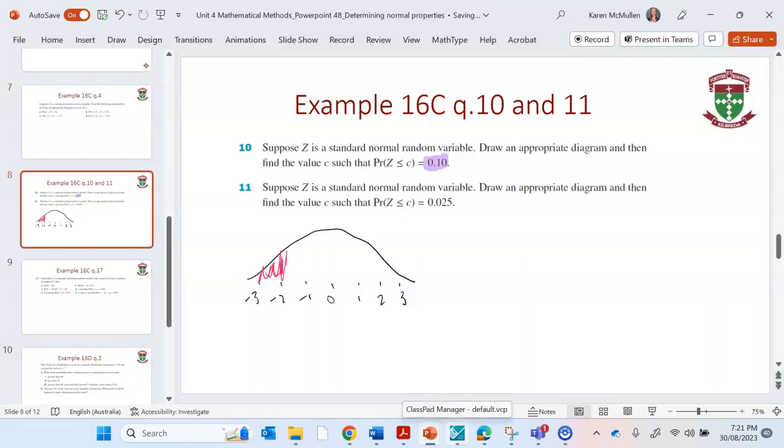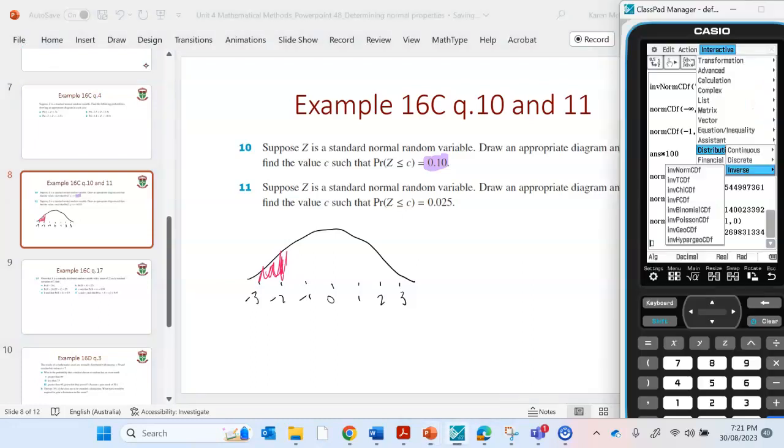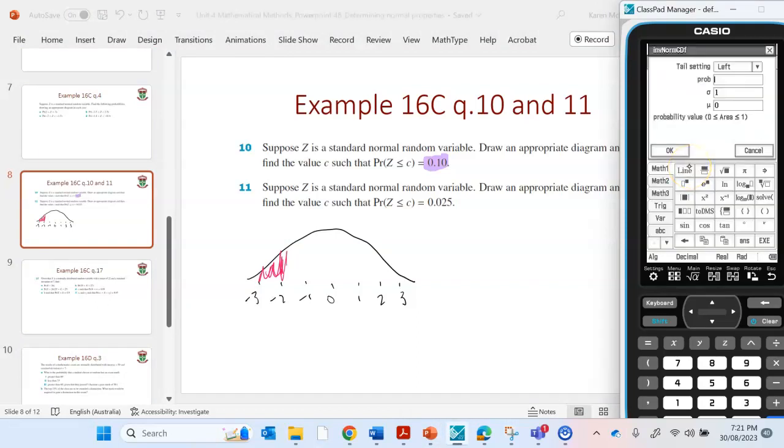So it does help to draw it because on our calculator, inverse normal CDF is going to ask where your tail is. So this is to the left, to the left, to the left. So for your probability, we're going to put in 0.1. It is a standard normal, so we can leave it as 1 and 0.